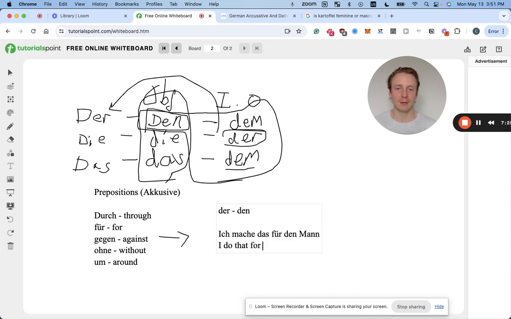I do that for the man, right? Ich spiele gegen den Mann. If it was gegen die Frau, it would just stay die Frau. Or gegen das Mädchen, it would stay too, right? So the only one that changes is den Mann.